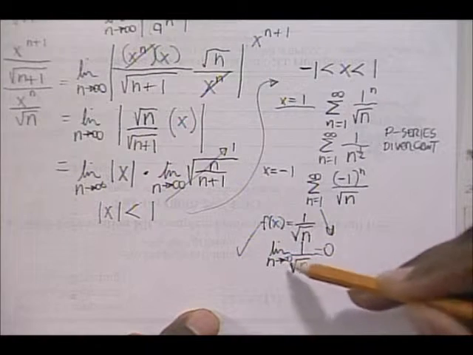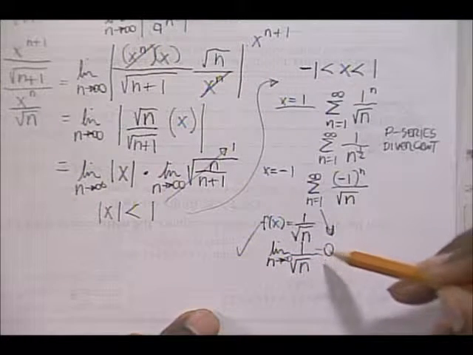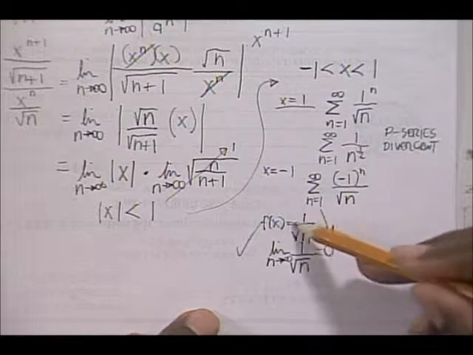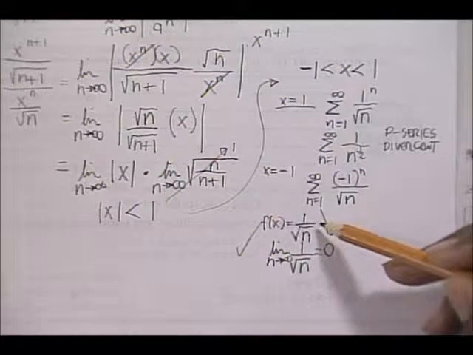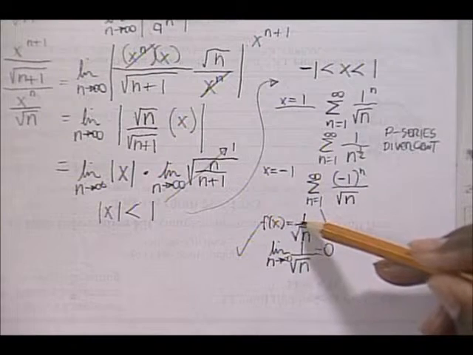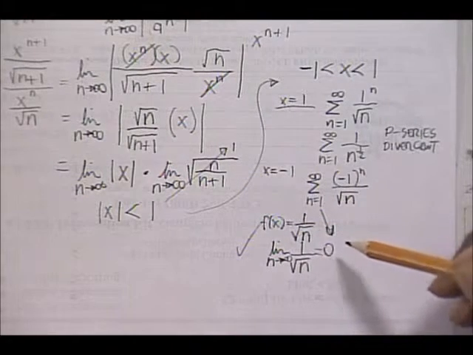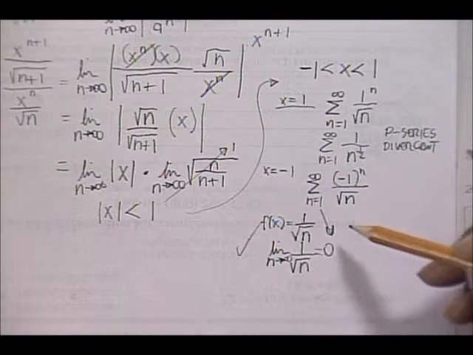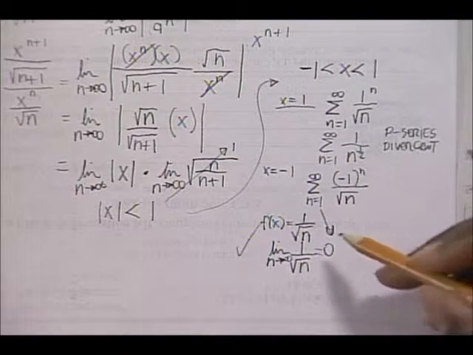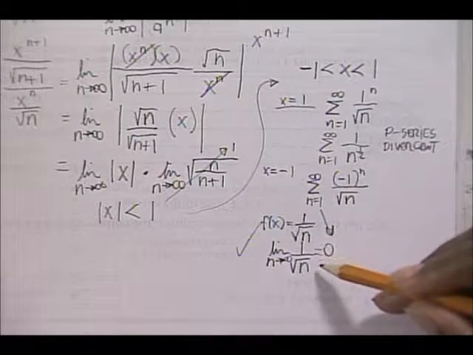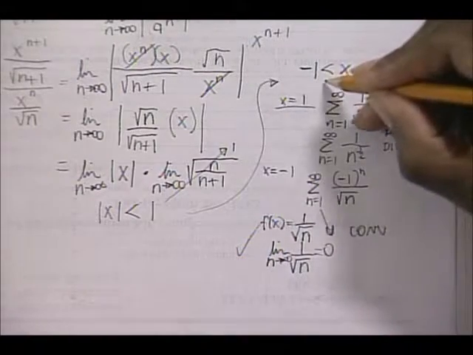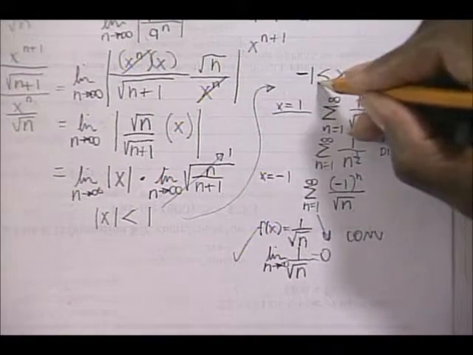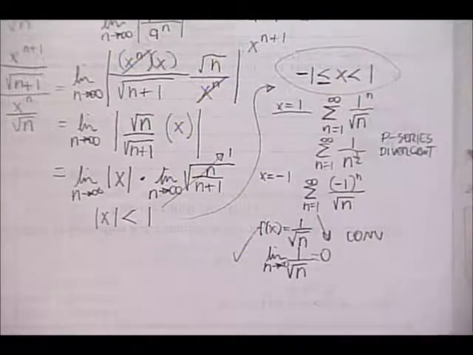The limit would have to be approaching 0, and it does. And each of these elements have to be getting smaller, and that is the case. So that tells you that at -1, this indeed converges. So you'd put an equal sign there, and that would be the actual interval of convergence.